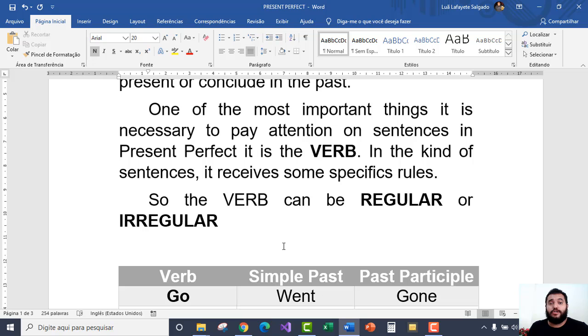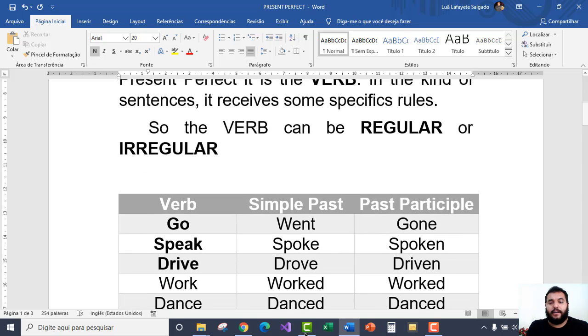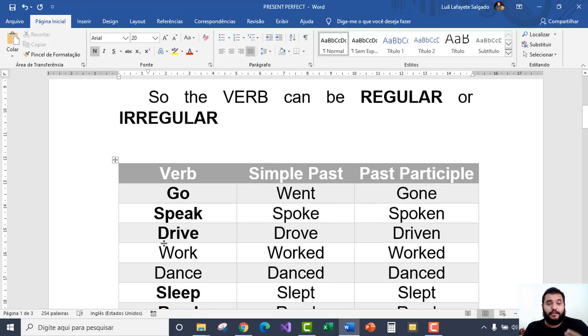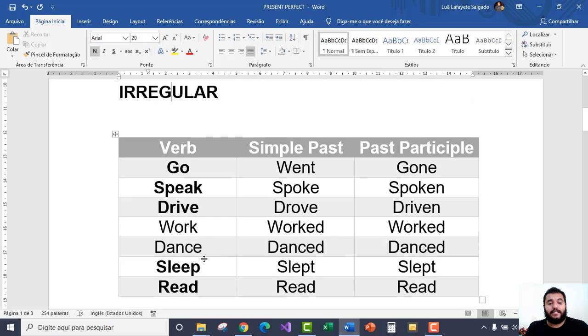So now we are going to use another verb form. We call it the third part of the verb. The third part of the verb here is the past participle. So we have the verb in infinitive form: to go, to speak, to drive, to work, dance, sleep, and read. Here you can see the verbs go, speak, drive, sleep, read are in bold, totally black, and the verbs work and dance are not bold.